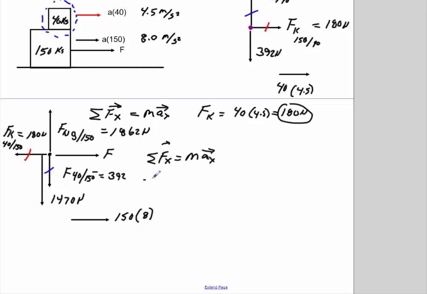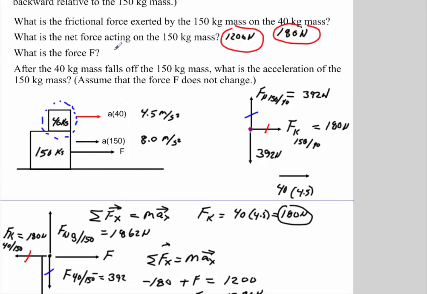I will get minus 180 going back this way, plus F must equal 150 times 8, and we already know that's going to be 1200. So we know F is going to equal 1,380 newtons. So we can go ahead and put that in as 1,380 newtons.